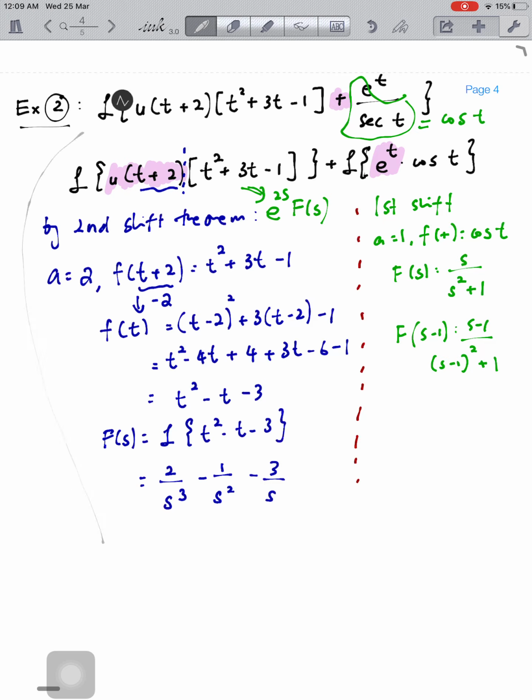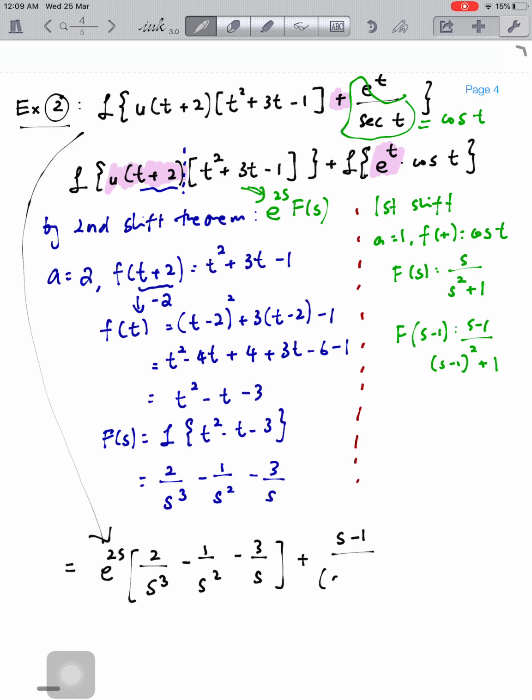So from my calculation, by using both of these theorems, I figure out that the Laplace of the terms at the top right there is going to equal exponential of 2s multiplied by f of s, which is given by 2 over s cubed minus 1 over s squared minus 3 over s, plus the Laplace of the second term, which is given by (s minus 1) over (s minus 1) squared plus 1. So that will be the final outcome.